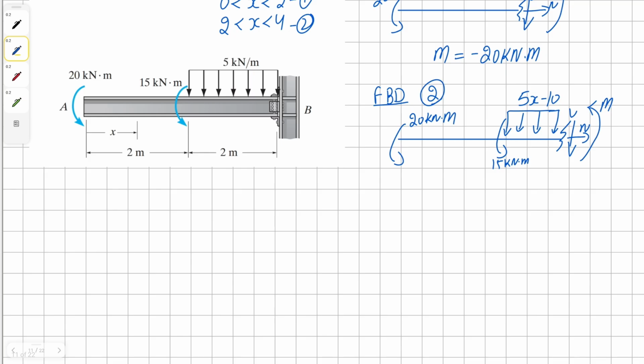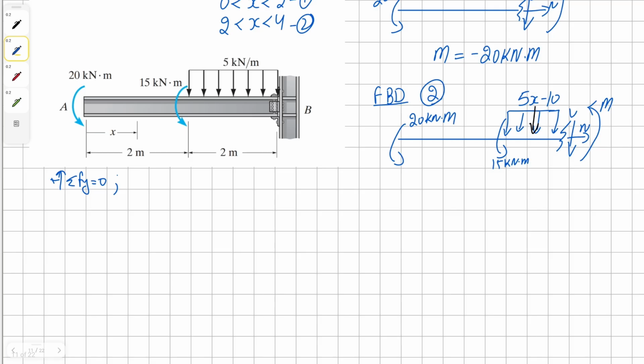Now to solve for this problem, we can use the vertical equilibrium equation by summing the forces in the y direction. We're going to have our uniform distributed load, which I've already converted into a point load, but I did not mention it. I just did it in my head and didn't realize I didn't draw the vector for the point load.